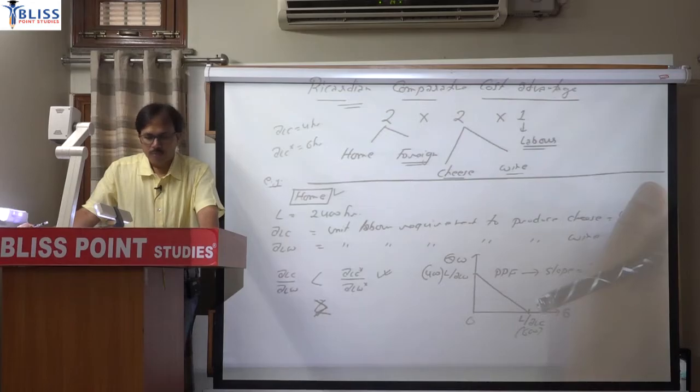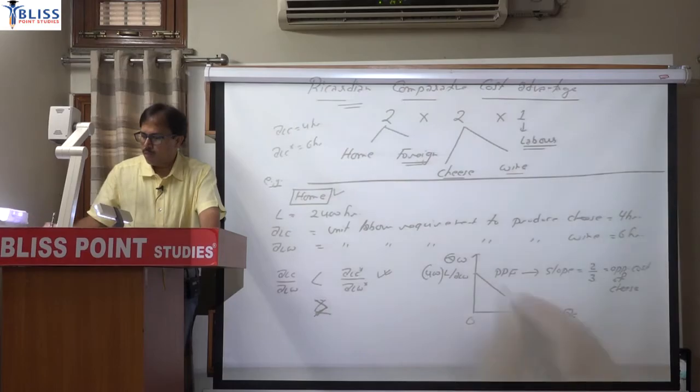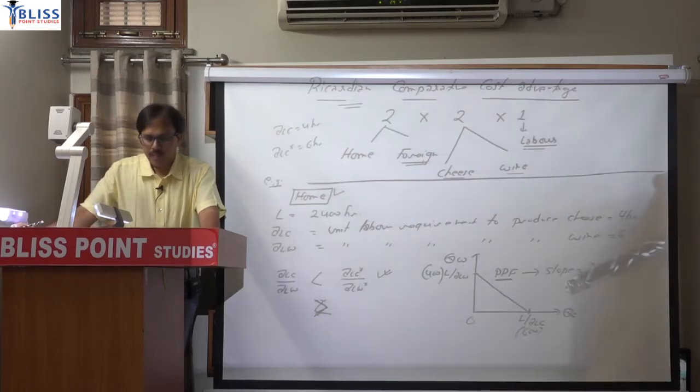Underline this line also. Next paragraph. In this model, production possibility frontier, PPF, is a straight line due to constant opportunity cost.